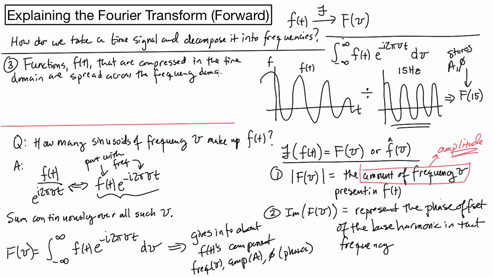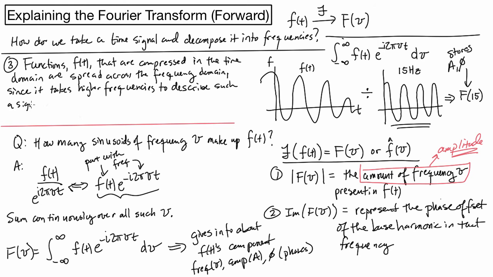Meaning that if you give me a function f of t that's tightly packed or compressed, then its Fourier transform, once graphed, is going to be very spread out. This is because it takes higher frequencies to describe such a signal.